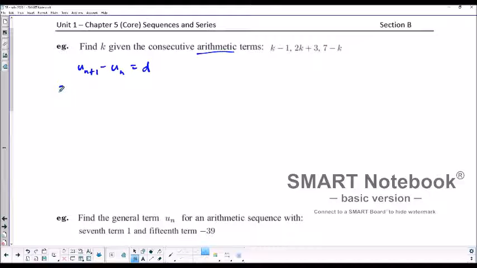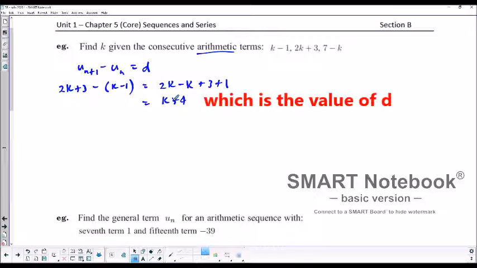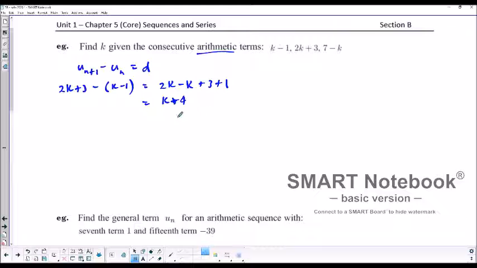So we'll take our 2k plus 3, and we'll subtract our k minus 1. And so that's going to give us 2k minus k, and then plus 3 plus 1. That's going to give us k plus 4. So we can test that.